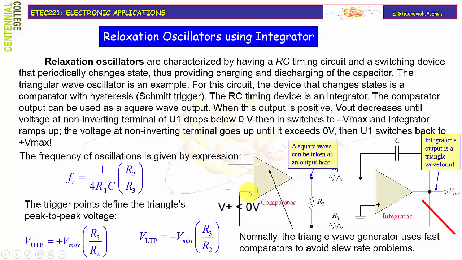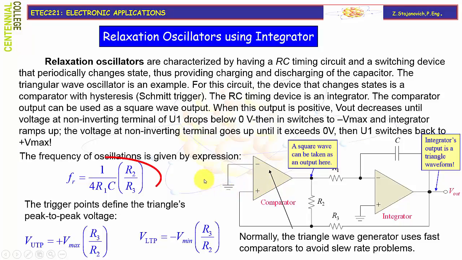So when this input drops below the reference voltage of zero, then the comparator switches to negative Vmax, and the integrator starts ramping up, so the voltage Vout increases. Now the voltage at the non-inverting terminal goes up until it exceeds 0 volts. Then the comparator switches back to Vmax.